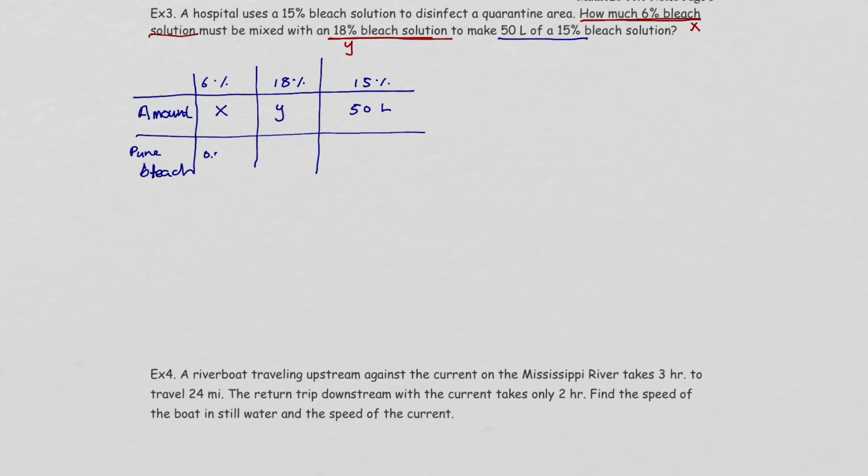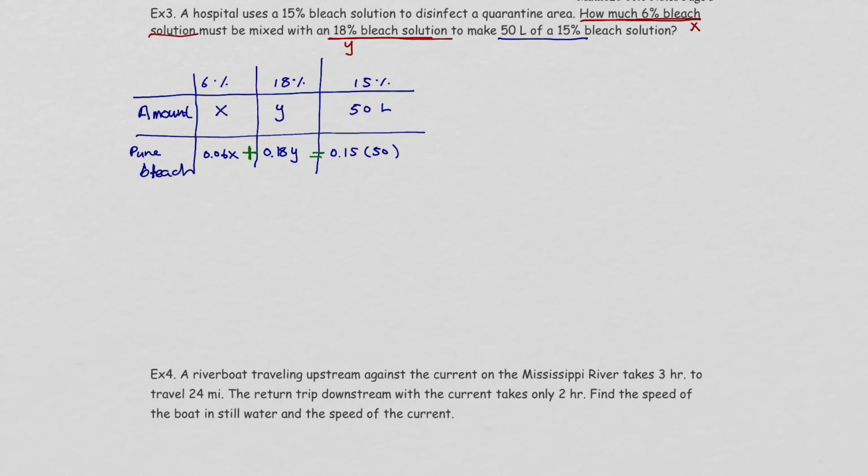So it will be 0.06 times x, and 0.18 times y will be the pure bleach, right? And this is going to be 0.15 times 50.